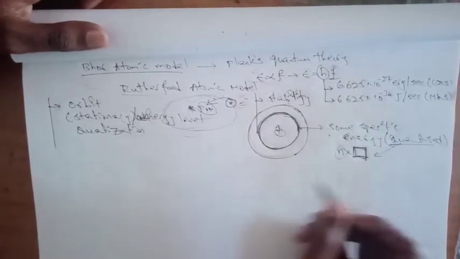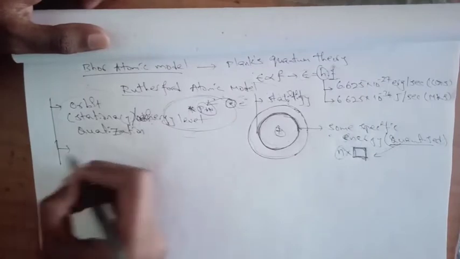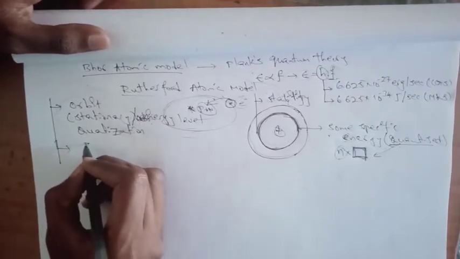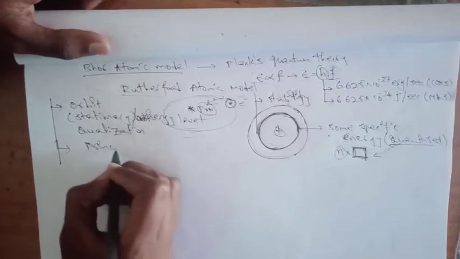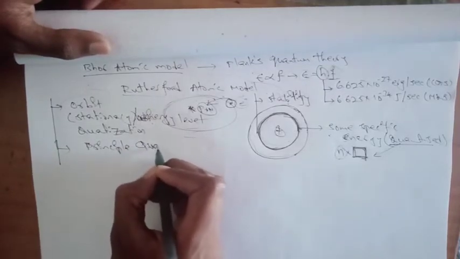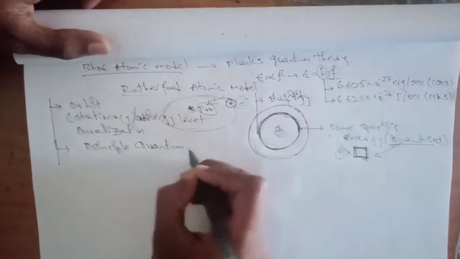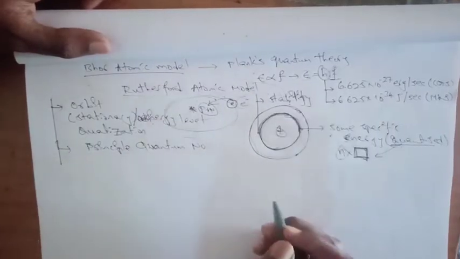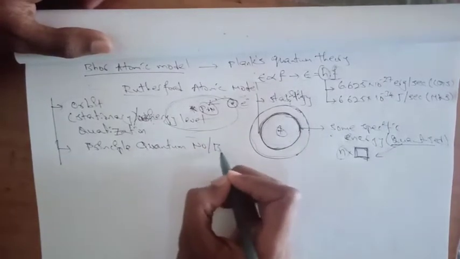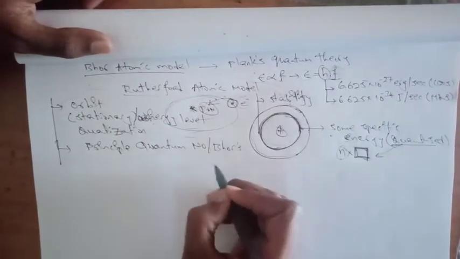Each orbit is defined by a quantum number, which is known as the principal quantum number or Bohr's integer.